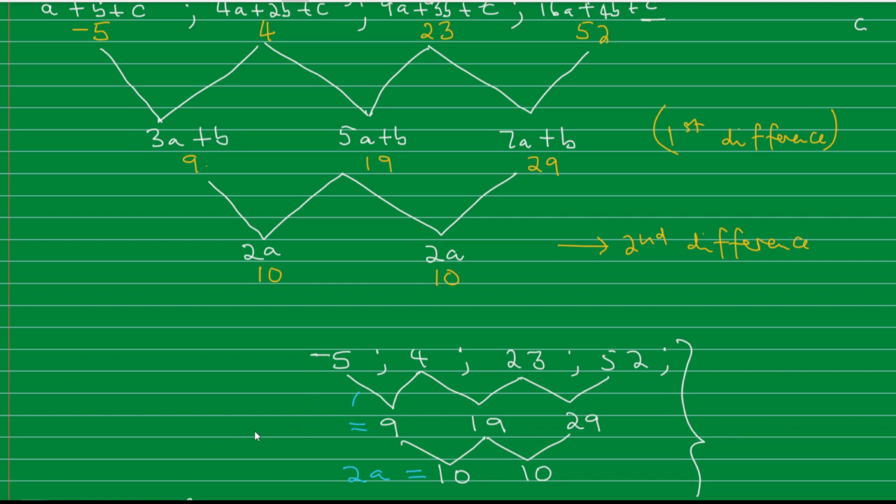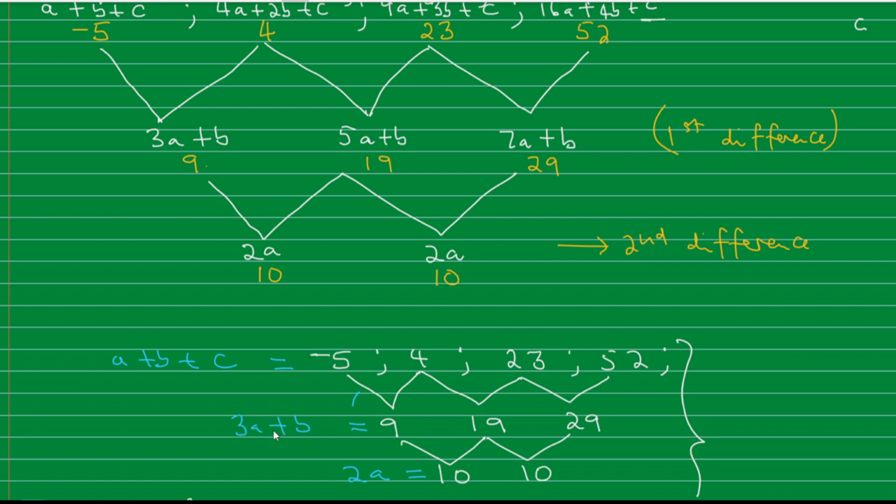So we can write it as 3a plus b. So our 3a plus b is 9. This -5 here that we got, as you will see here, is equal to a plus b plus c. So our a plus b plus c is negative 5.